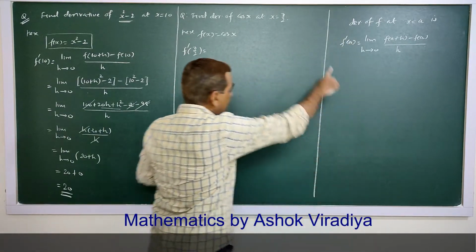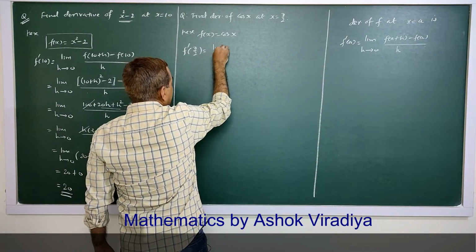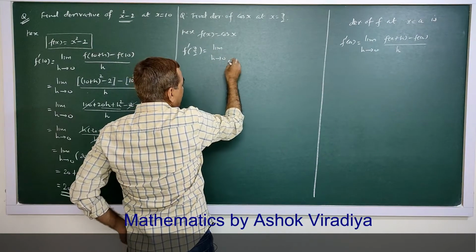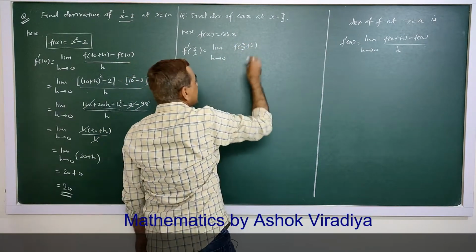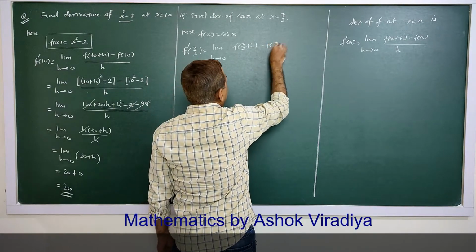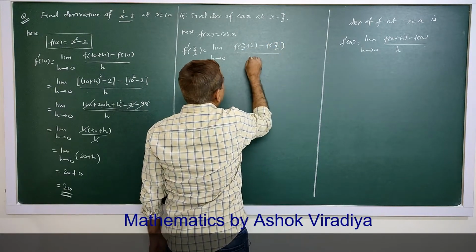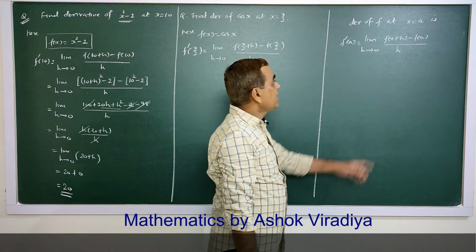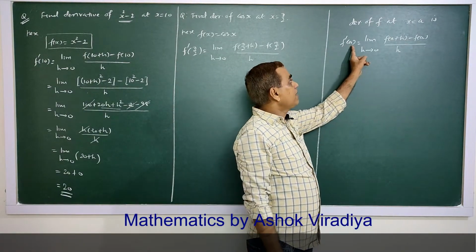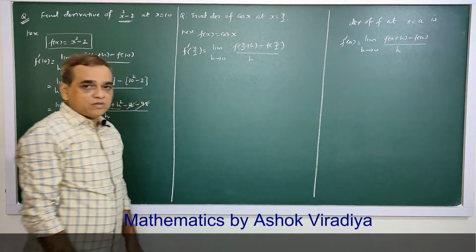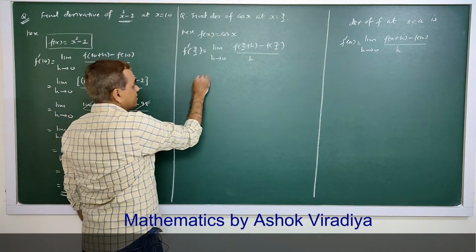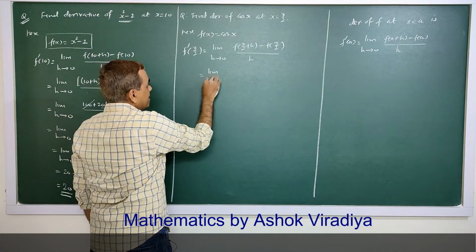So f dash of pi by 2 is limit h tends to 0, f of pi by 2 plus h minus f of pi by 2 upon h. I replaced a by pi by 2. So that is limit h tends to 0.